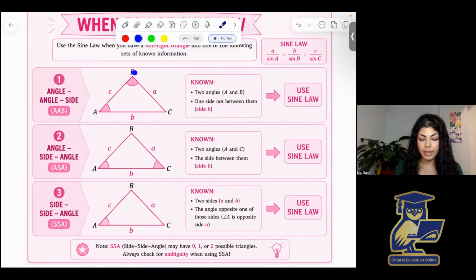It could also work this way, just as long as the side is not between them. In this case, let's say we are given A, then you have this ratio, and then you can use this ratio with B to solve for that unknown side.